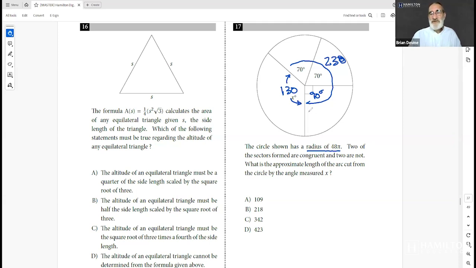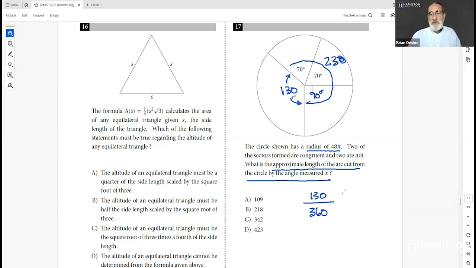central angles in a circle would be 360 degrees in a circle. And I want to approximate the length of the arc cut by the angle measured x. So if x equals 130, then that fraction of the circle would be 130 over 360. It'd be the same as the central angle to the entire circle.